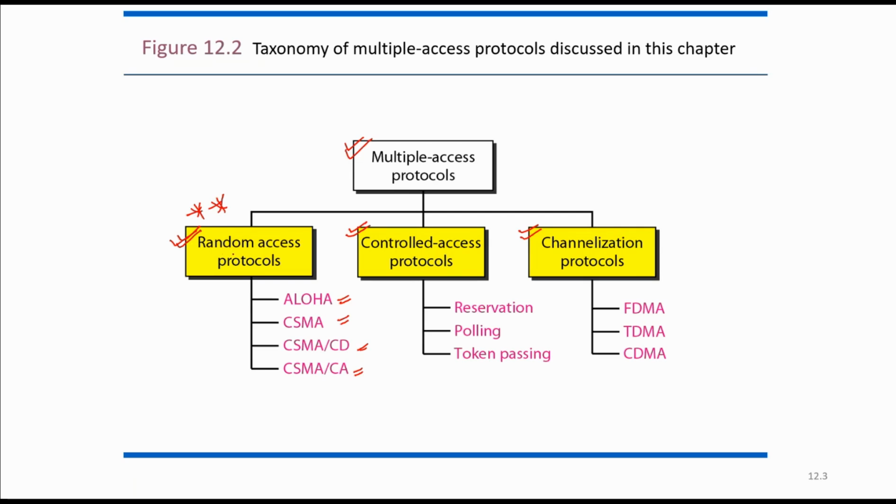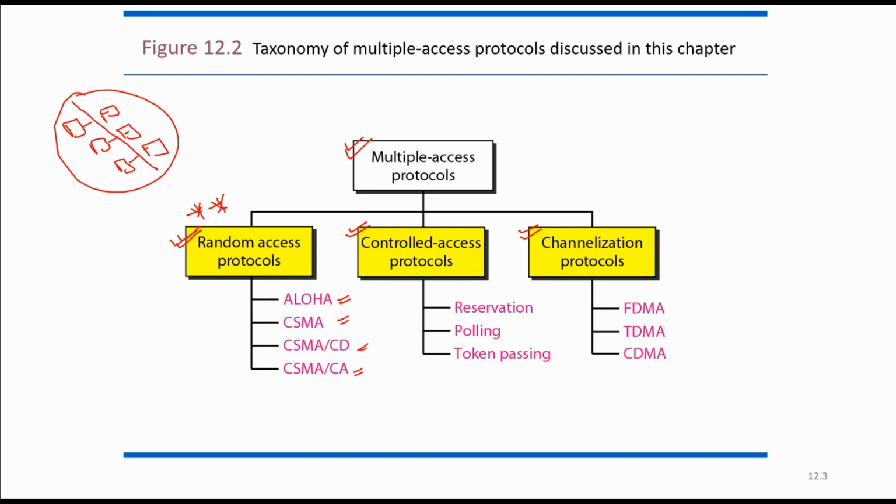It is random access in the sense that, in the random access protocols, whatever number of stations are connected into a network, they have similar priority or similar superiority over a channel. Suppose a channel is there and they are connected.